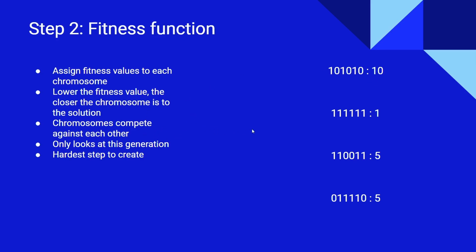These chromosomes compete against each other, and this competition only looks at the current generation. This is the hardest step to create, mostly because you have to figure out how close you are to the solution from looking at the chromosomes. This is a very integral process to the overall genetic algorithm because these fitness values will get used again in later calculations.